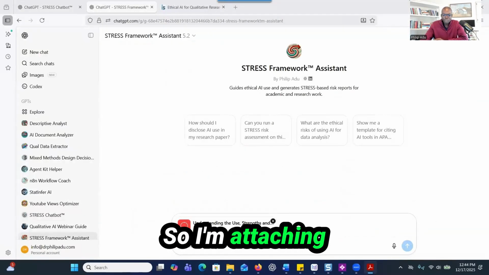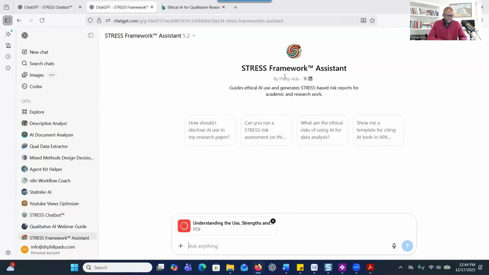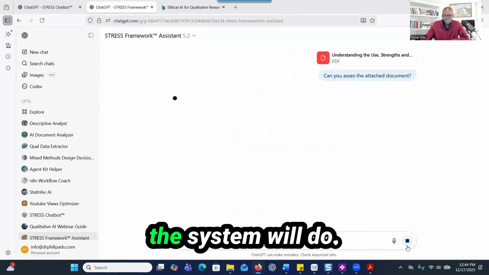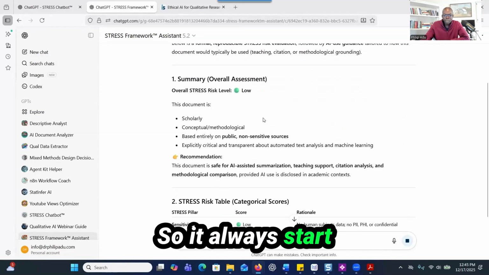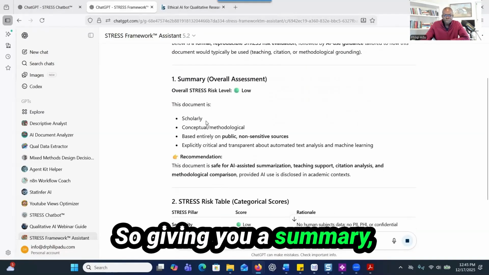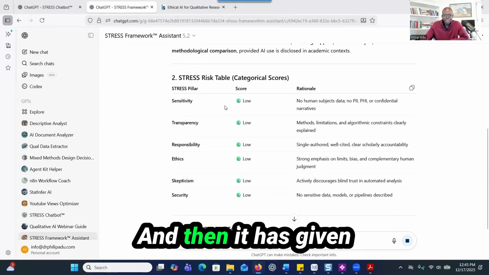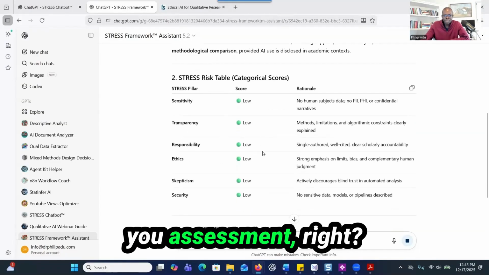So I'm attaching the manuscript and I'm asking, can you access the attached document? And then let's see what the system will do. So it always starts with a summary of the document, what the document is all about. And then it has given you an assessment, right?